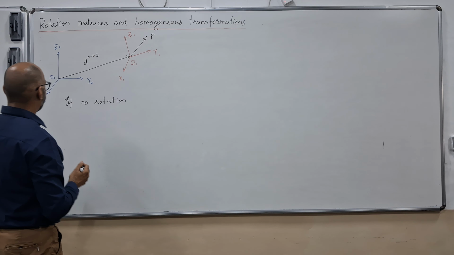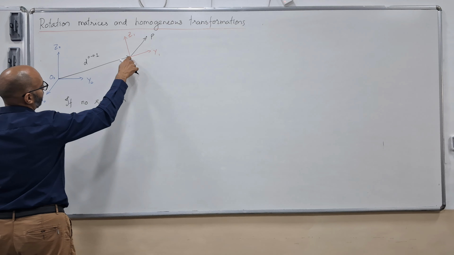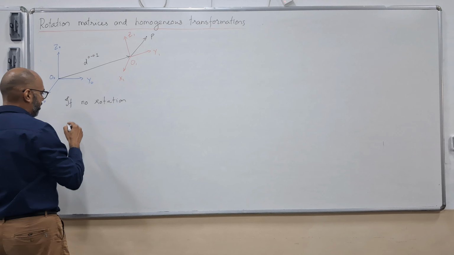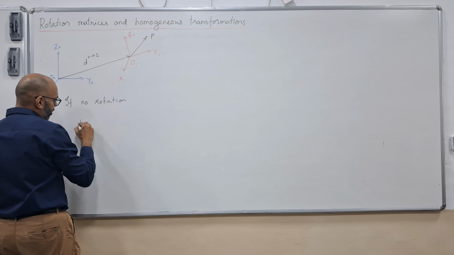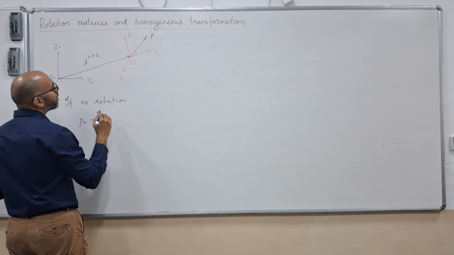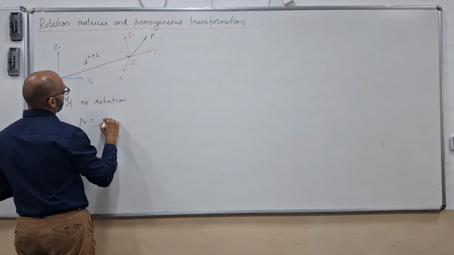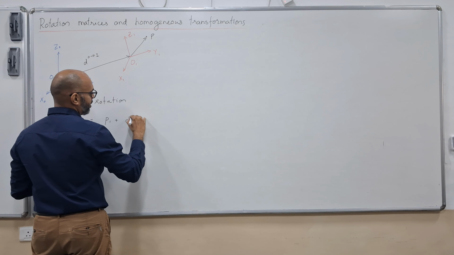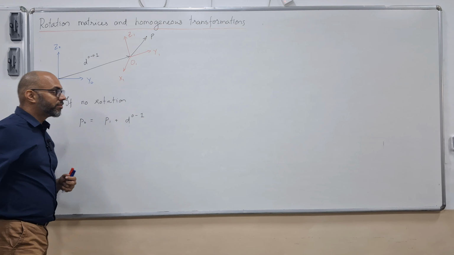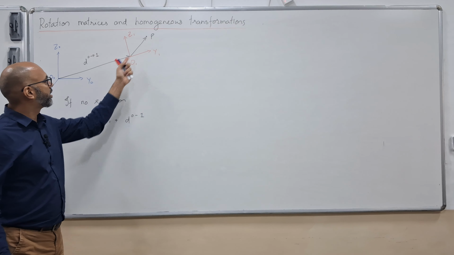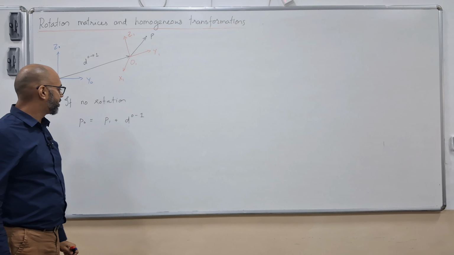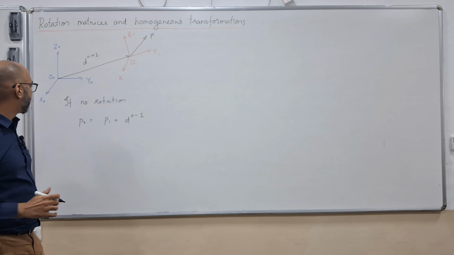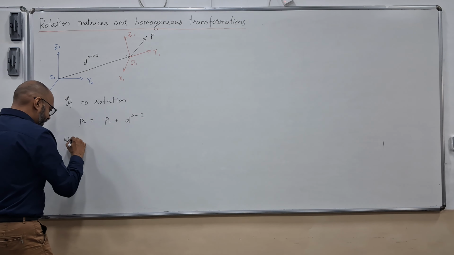And if there was no rotation and we were taking into account the different origins, then we would get P0 is nothing but P1 plus D0 to 1. It's just this vector added to the other vector, right? This is relatively straightforward.